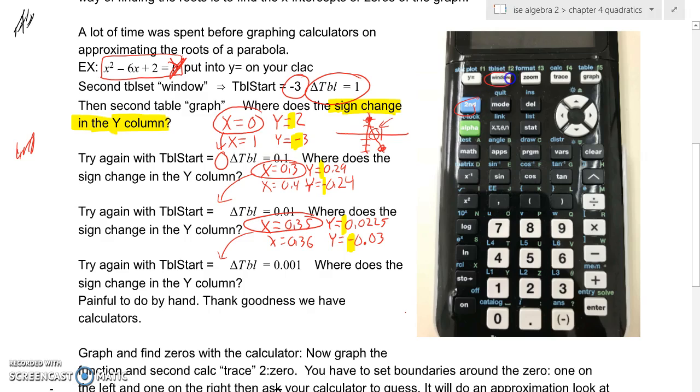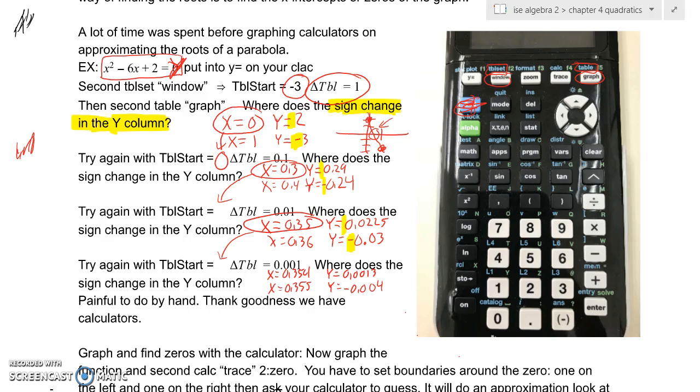Second table set. We're going to start at 0.35. This time we're going to go by 1/1000th. And then we want to look at the table. So second table. And we're looking for, where does the sign change in the y column?